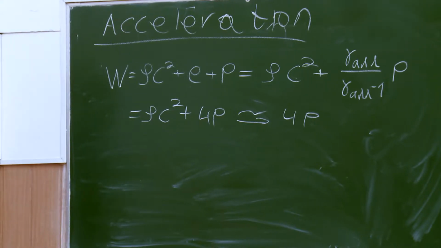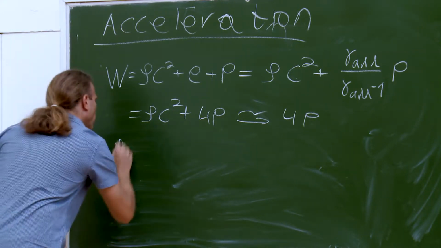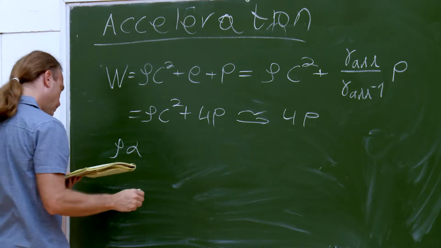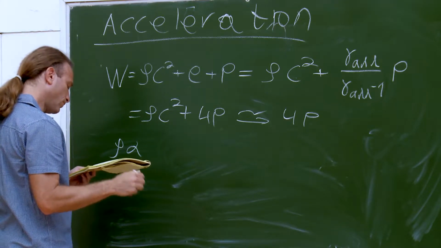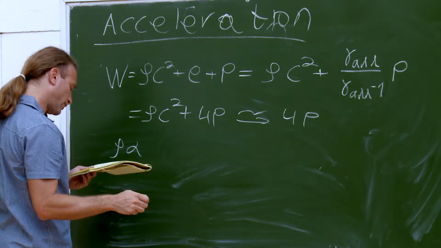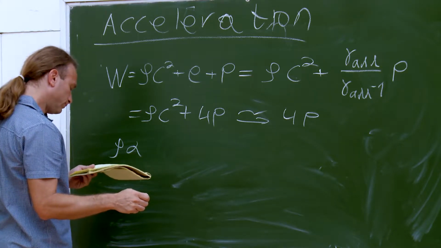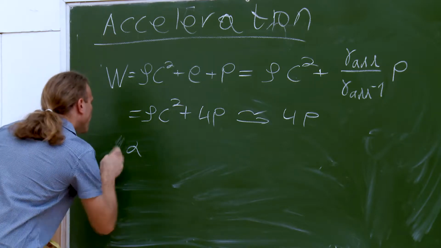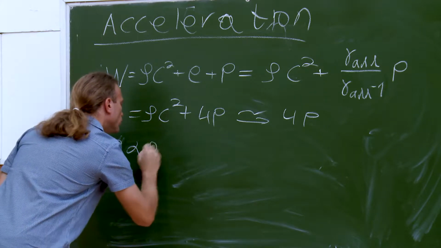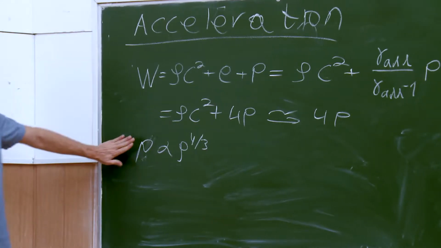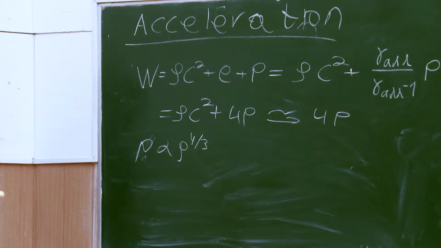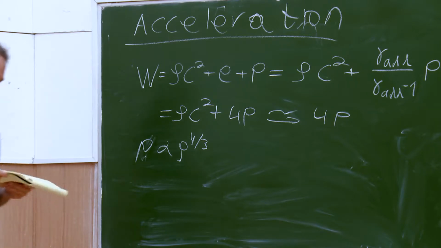Okay, and another thing, of course, P is proportional to rho to the power of 4 thirds. Okay, so this is another form of the equation of state.